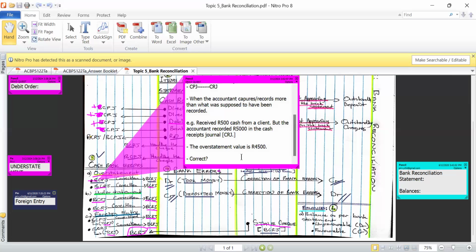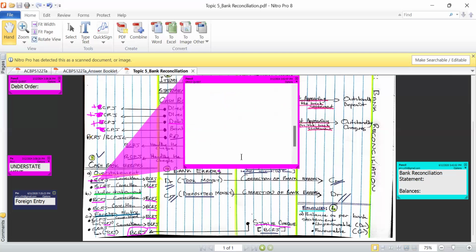So let me try to create a different example. Remember, we're dealing with overstatements. Let me start from scratch, it will make more sense. An overstatement is a case whereby you record more than what was actually received or actually paid.